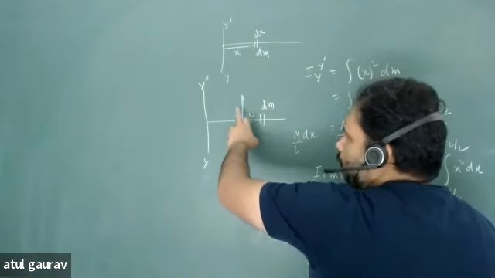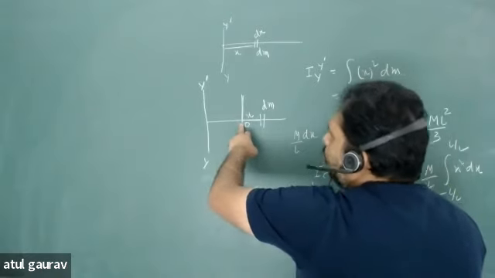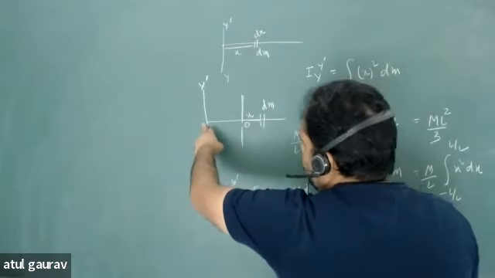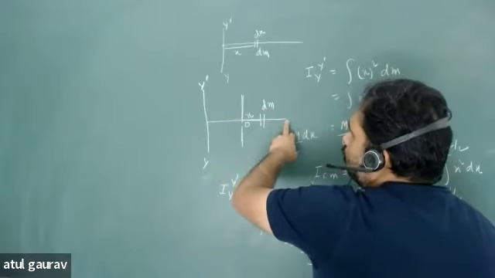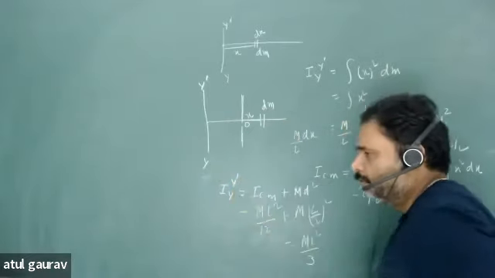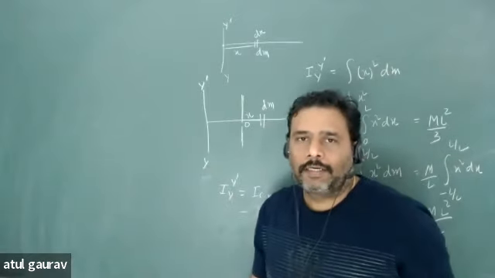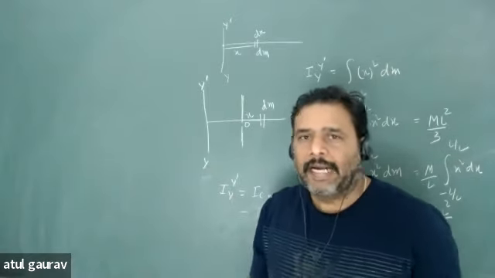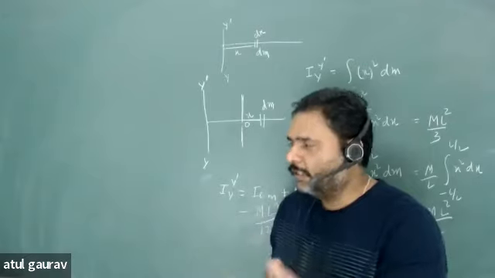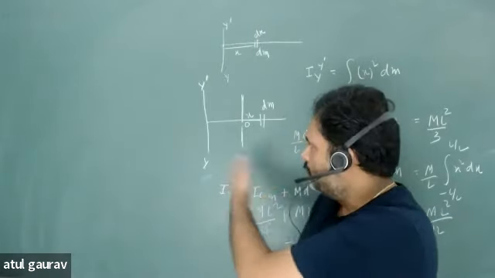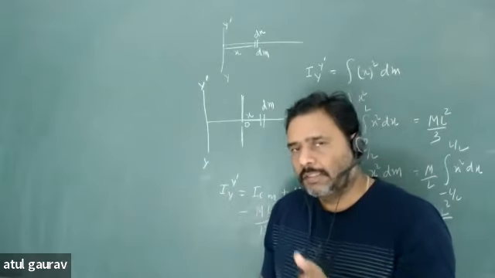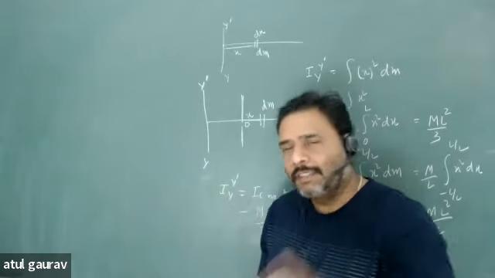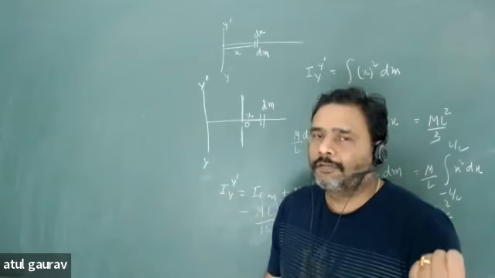If it is the center of the rod, and we say it is the 0, 0 coordinate, then this coordinate is minus L by 2 and this coordinate is L by 2. So the choice of origin is very important. In general, when using the parallel axis or perpendicular axis concept, we will choose the center of mass as our origin, which I discussed in the last class also.